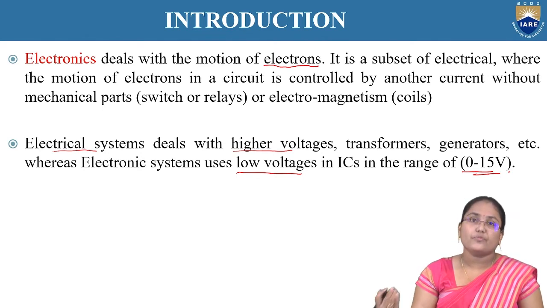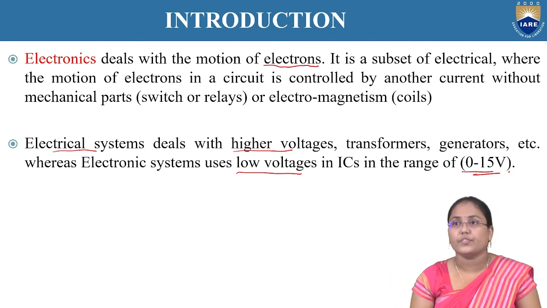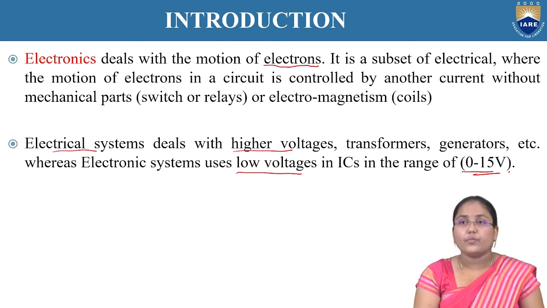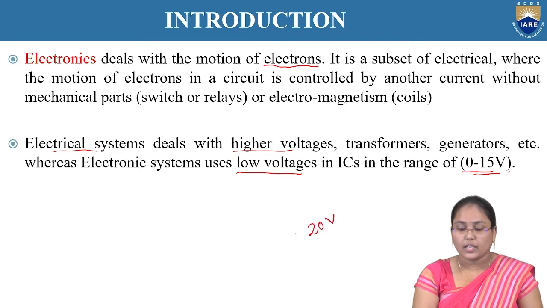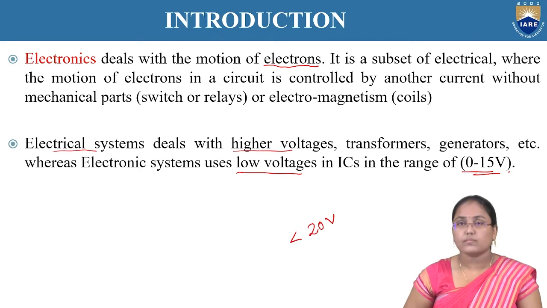It can be in the range of minus 15 volts to 15 volts, but mostly it won't exceed 15 volts. Even if it exceeds, it won't be greater than 20 volts. So whenever there is an electronic system, its operating voltage will be less than 20 volts only.